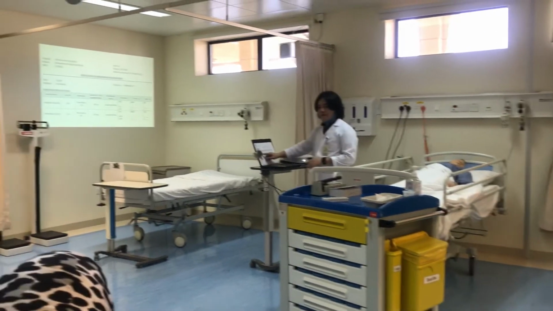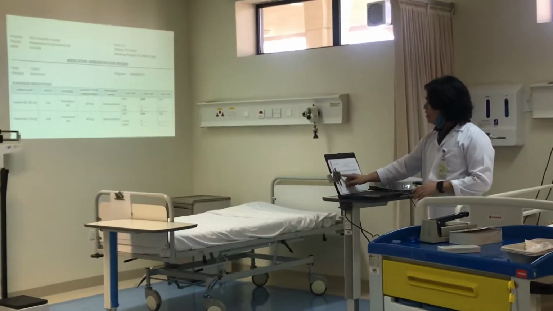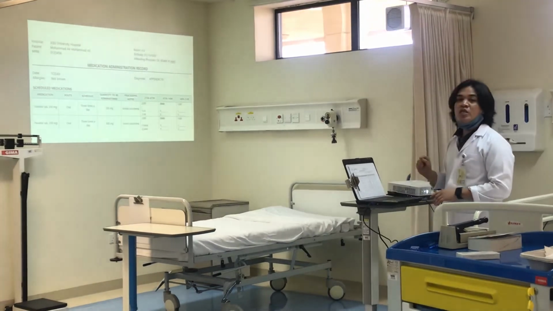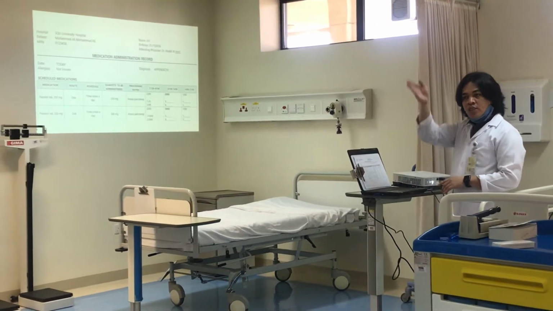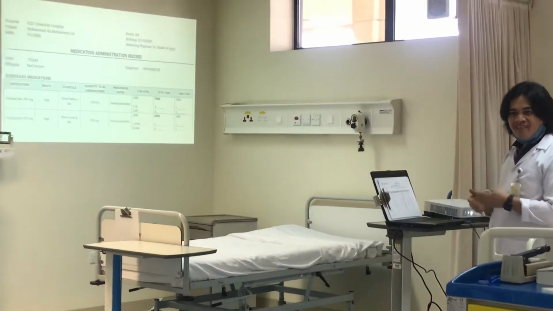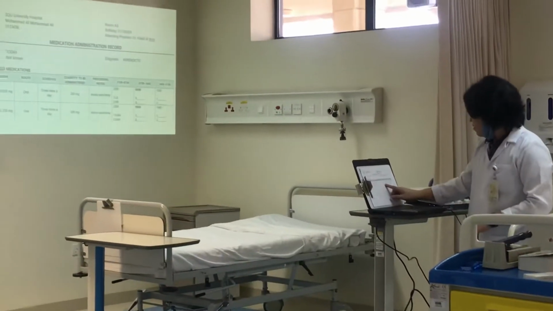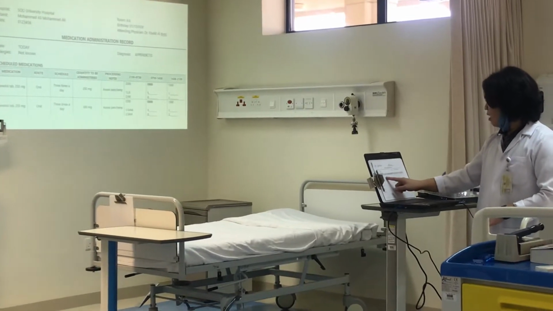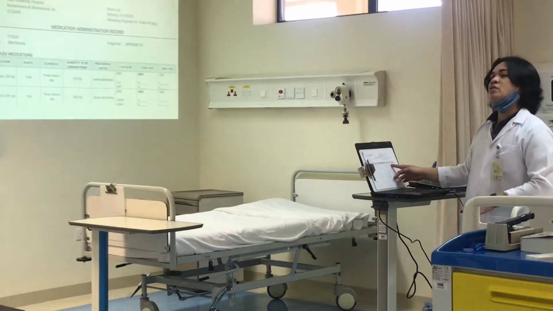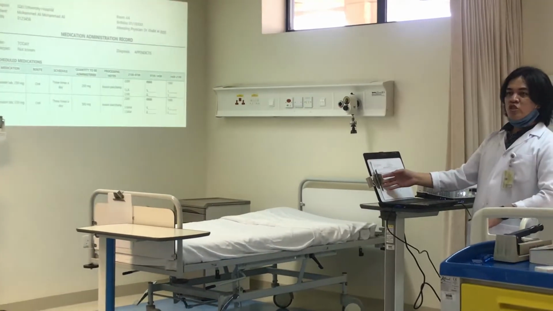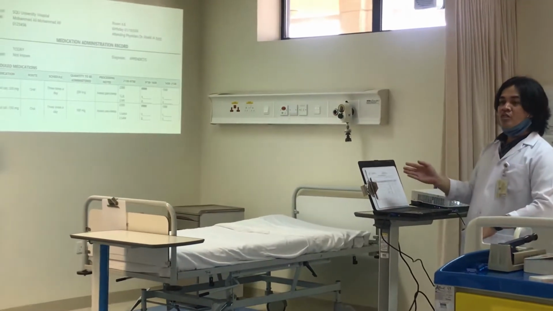By looking at the medication itself, they will know which medication is to be given on your duty, like what medications are to be given at 8 o'clock. You need to check what medication I'm going to give at 8 o'clock. I have here once a day, etc.